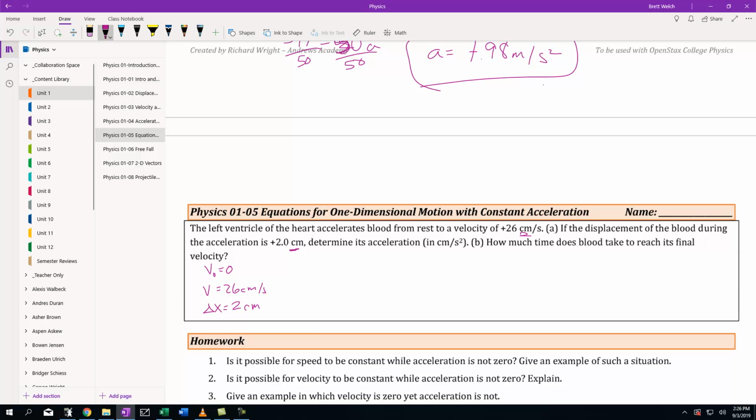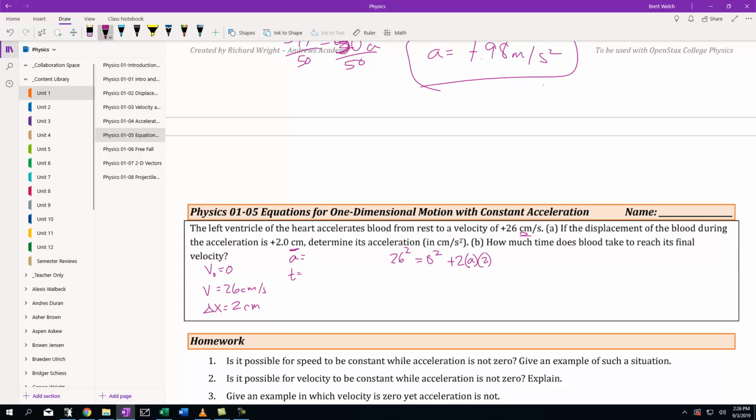First thing we're going to look for is the acceleration. And once we know the acceleration, we should be able to find the time. So to find the acceleration, we're going to have to use kinematic number 3, which says that the final velocity, 26 squared, equals the initial velocity, 0 squared, plus 2 times a times the movement, which would be 2.